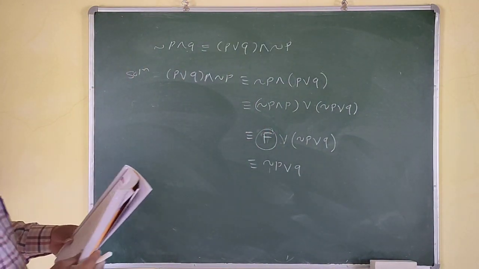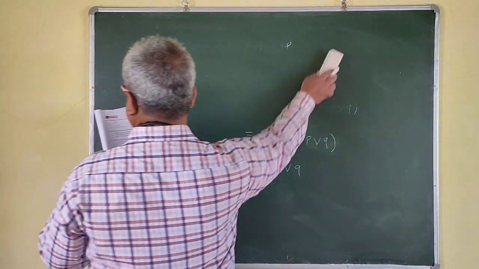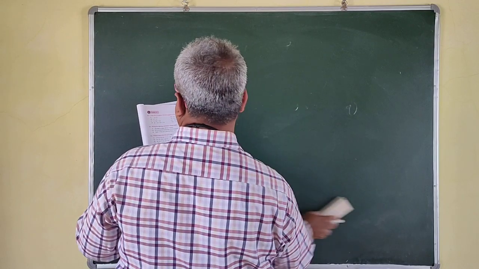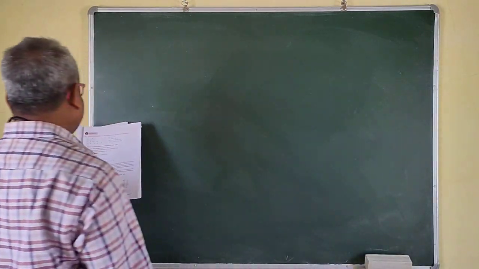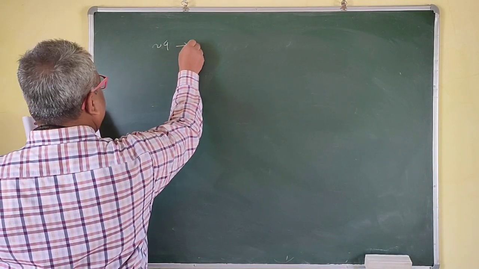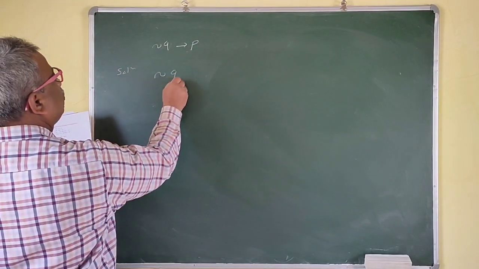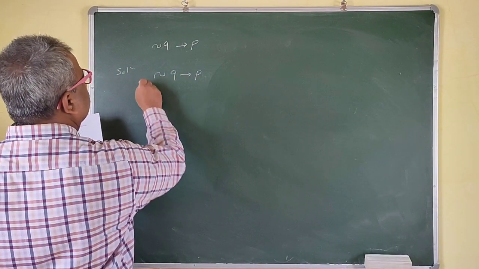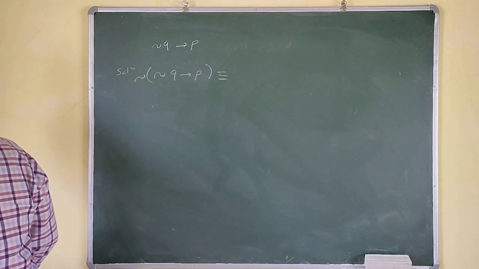Okay. So using the rules of the negation. Okay, write the negation of the following. Negation of Q implies P. You have to write the negation of this one. Logically equivalent to.